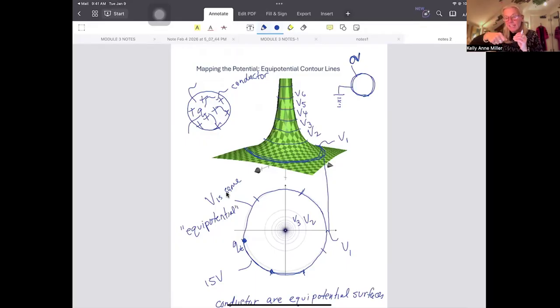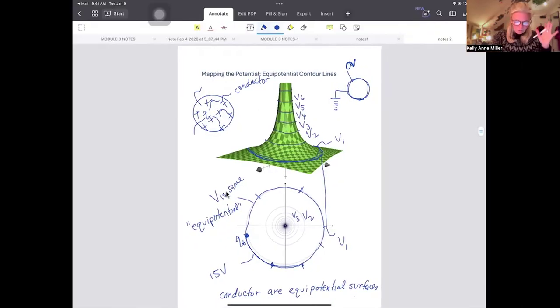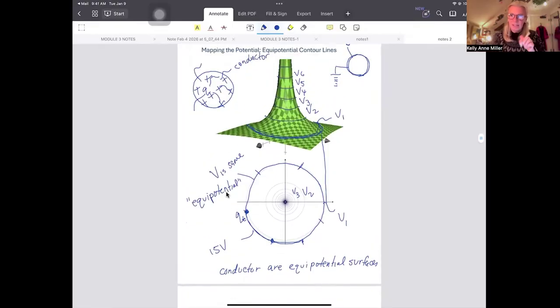So if I connect a conducting surface to the ground, it's by definition at 0 volts. You've grounded it. So those are two important points.